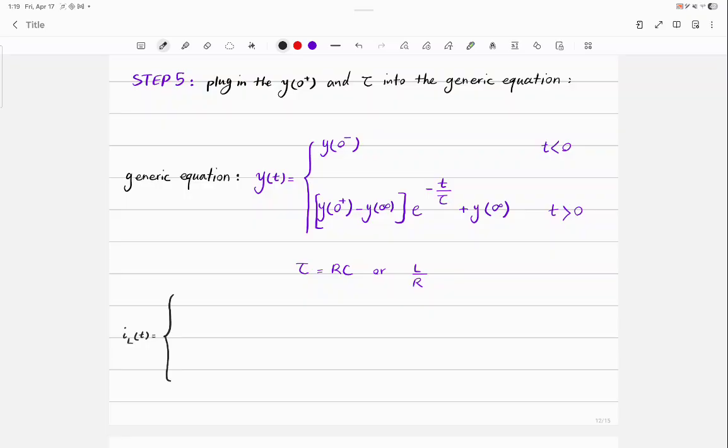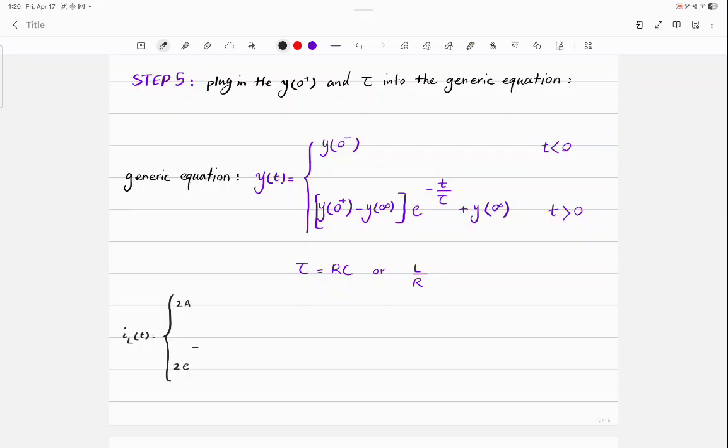What are the values? What is IL0 negative? 2 amps, right? What is IL0 positive? 2 amps. What is IL infinity? 0. So inside the brackets, 2 minus 0, 2, e to the power of negative 1 over tau times t.